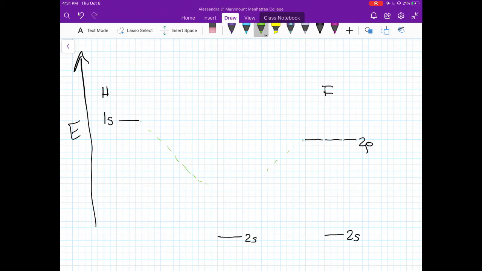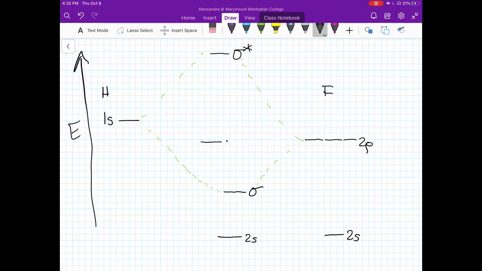But I'm going to have some overlap between one of the 2p orbitals on fluorine with the 1s orbital on hydrogen, and that's going to give me that sigma bonding orbital. Conversely, I'm going to have the antibonding, destabilized sigma star orbital.